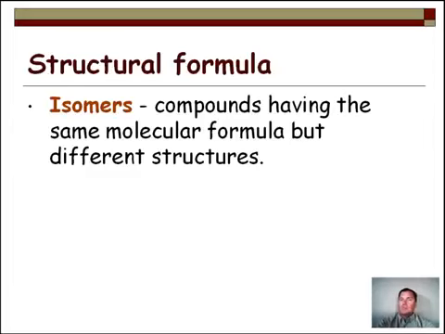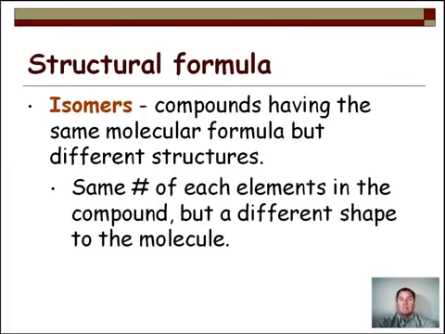Remember, molecular formula tells how many carbons, how many hydrogens, which is different from the empirical formula. Isomers have the same molecular formula but different structures or different shapes. So the same number of carbons, same number of hydrogens, same number of whatever is in that compound, but a different shape to the molecule. They look different, therefore they have different properties.